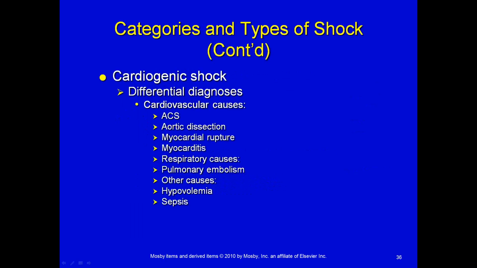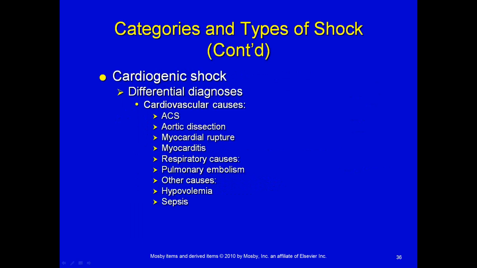So some differential diagnoses or things that cause cardiogenic shock include an acute coronary syndrome, whether that be angina, unstable angina, NSTEMI or STEMI, aortic dissection, myocardial rupture, myocarditis. There could be some respiratory causes for cardiogenic shock, pulmonary emboli.